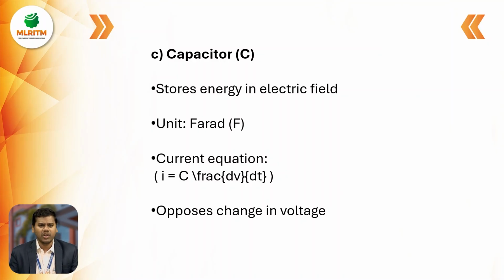The small difference between inductor and capacitor is that the inductor stores energy in a magnetic field and the capacitor in an electric field. The unit of capacitor is farad.